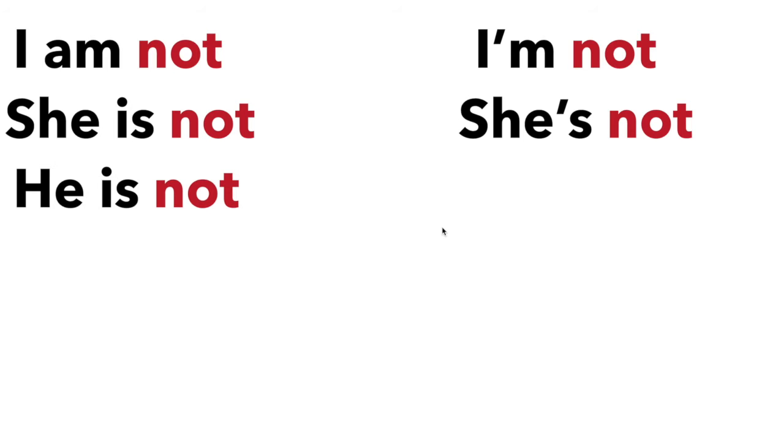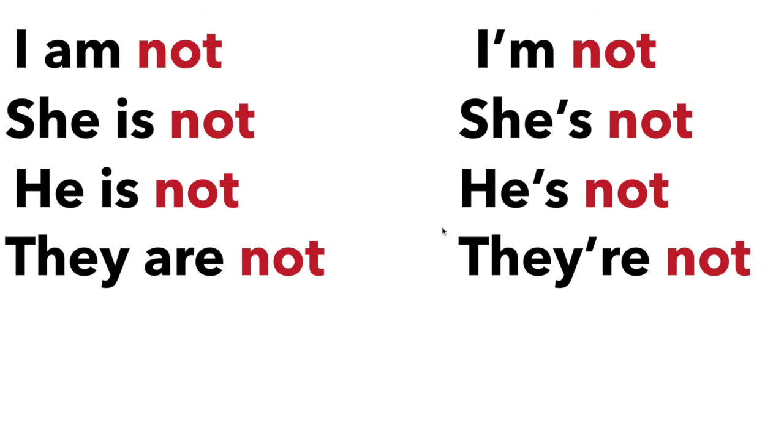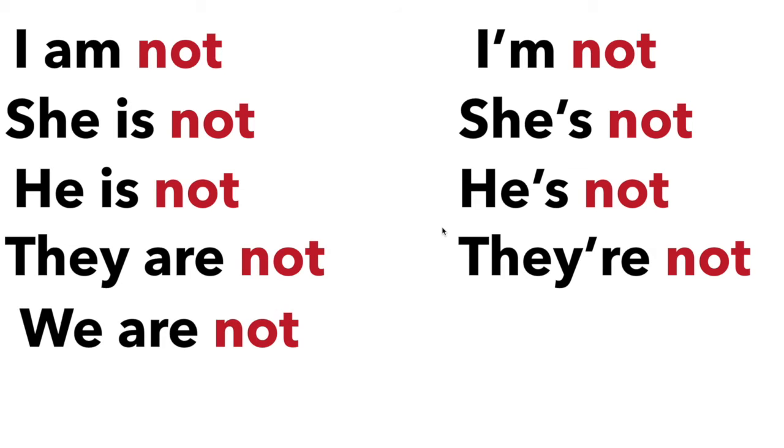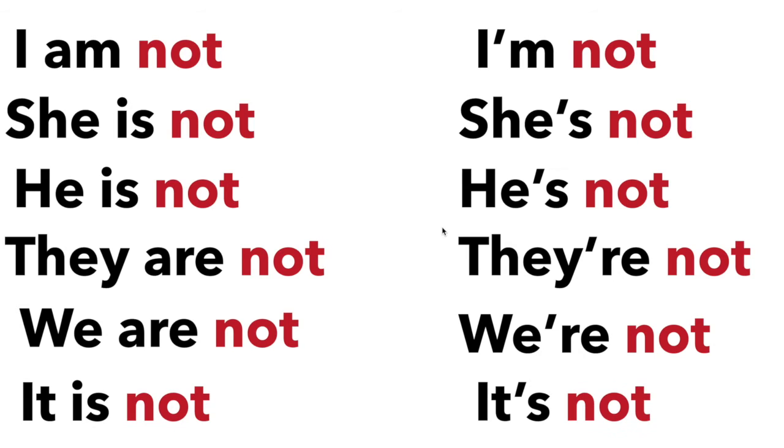He is not, he's not. They are not, they're not. We are not, we're not. It is not, it's not. All you have to do is add not after your conjugation.